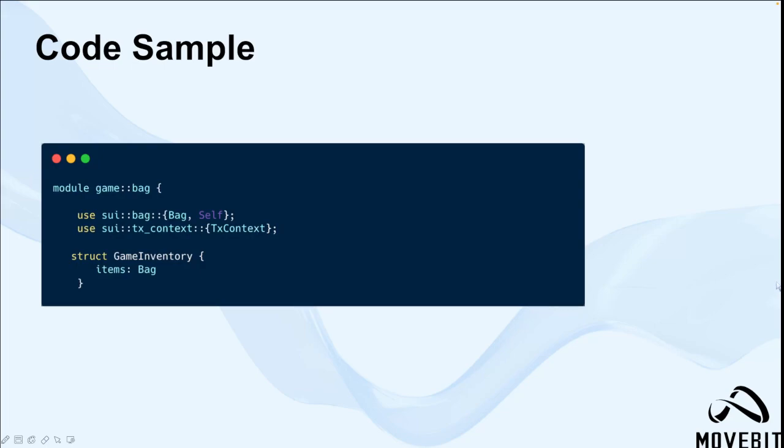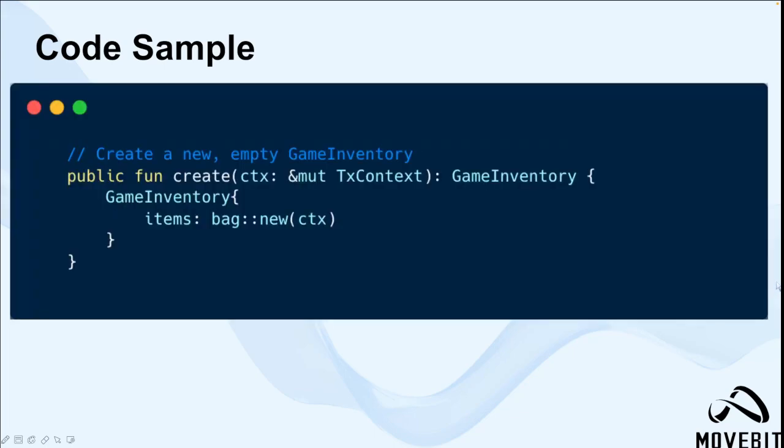So this structure could represent an in-game inventory, where items is a container that holds the actual items in the inventory. And this provides a public function named create that creates a new empty game inventory. It takes a mutable transaction context and returns a GameInventory with an empty bag here.